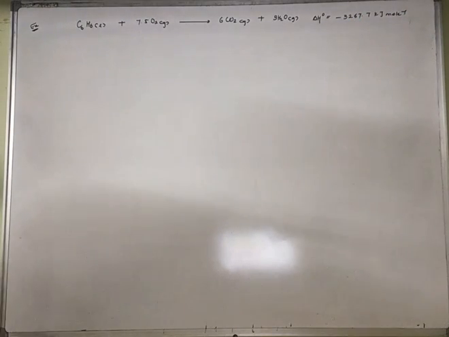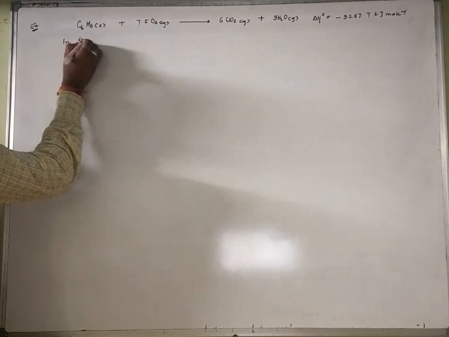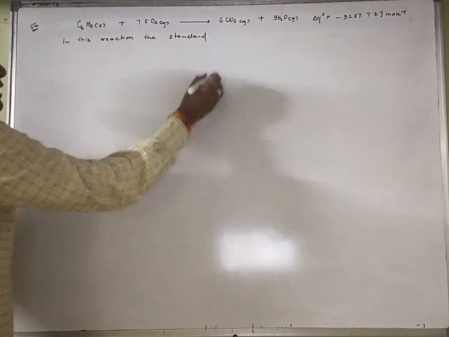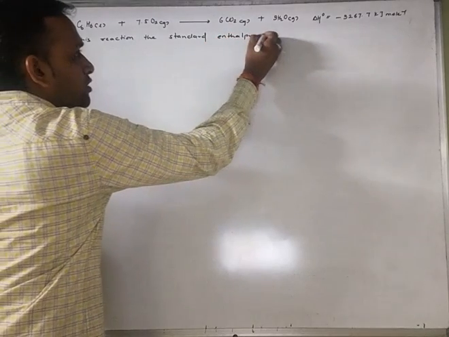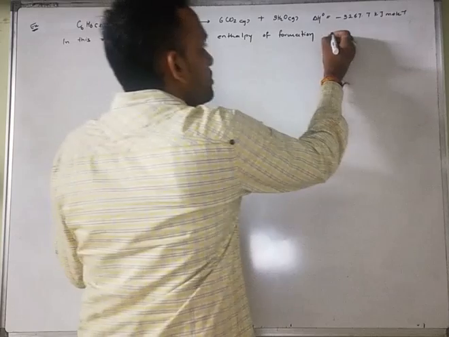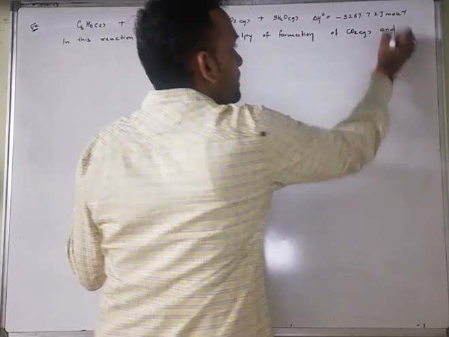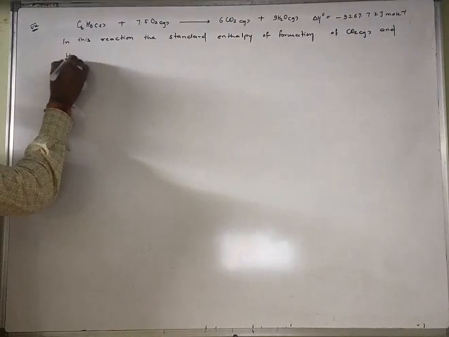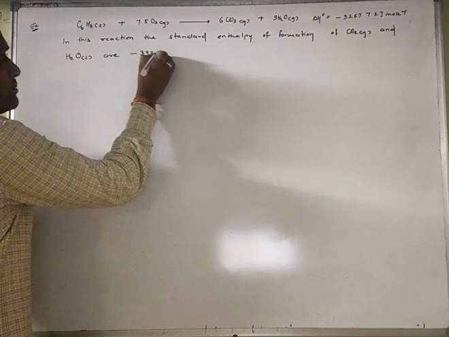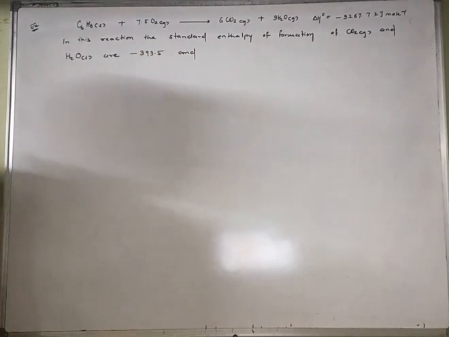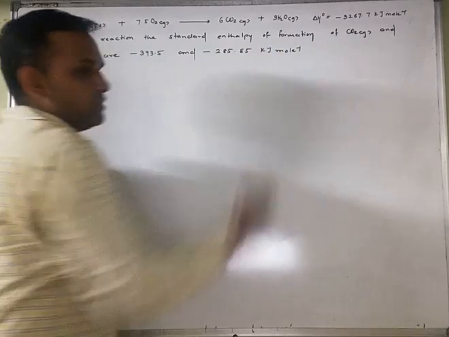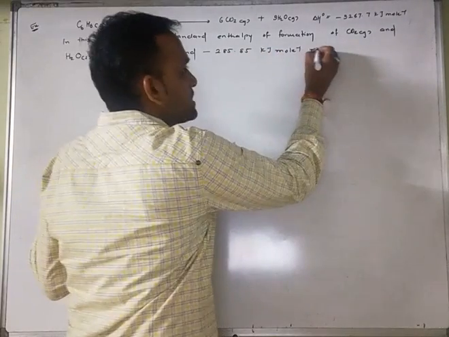In this reaction, the standard enthalpy of formation of CO2 gas and H2O liquid are दी हुई है minus 393.5 and minus 285.85 kilojoule per mole, respectively.